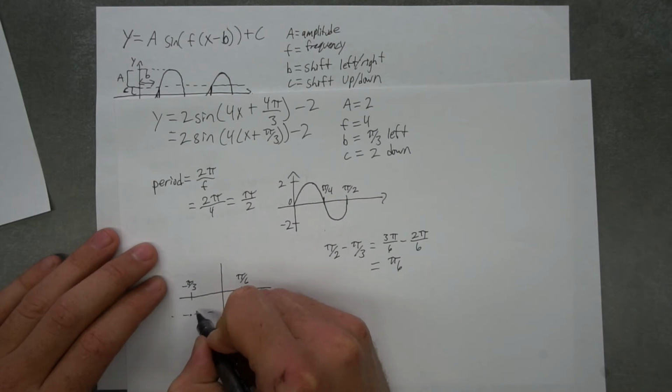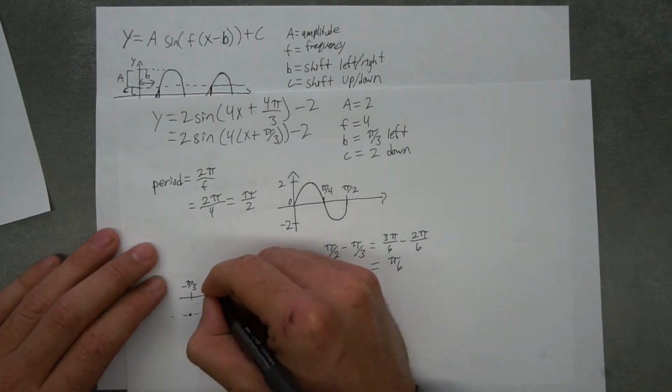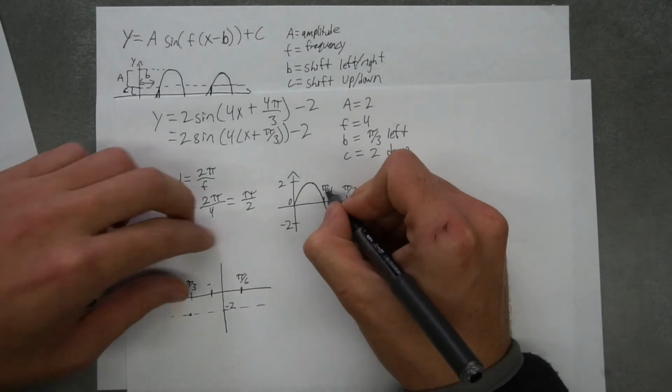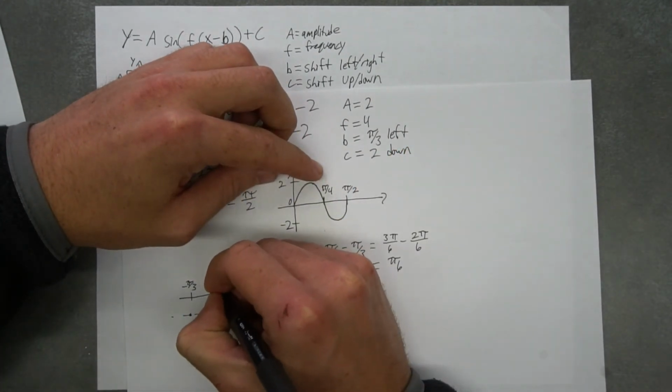We're going to start here. Our graph here, pi over 4 minus pi over 3 is going to be negative pi over 6.